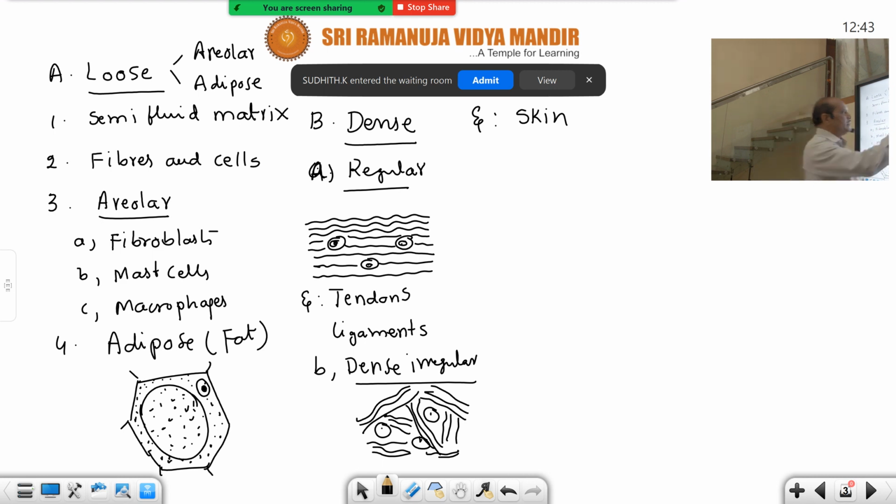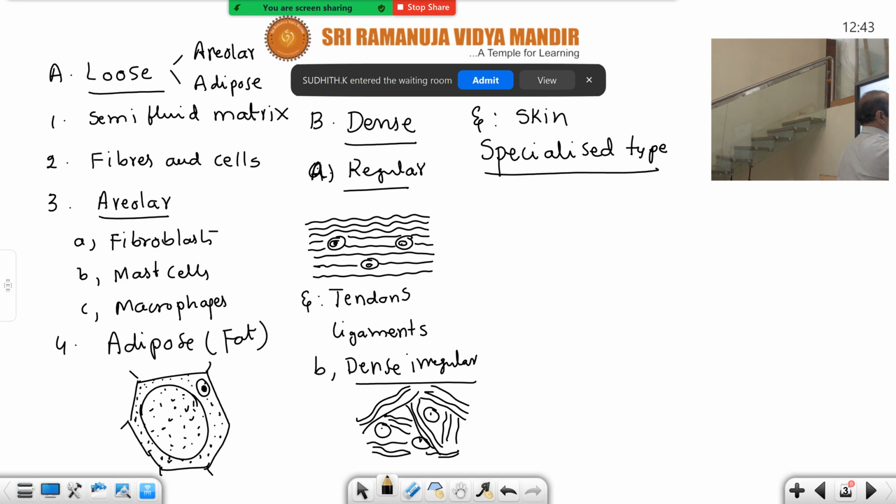Now, specialized connective tissues. The first one is cartilage. Specialized type of connective tissues, again these are three types. Number one is cartilage. Let us take the characteristics of cartilage.